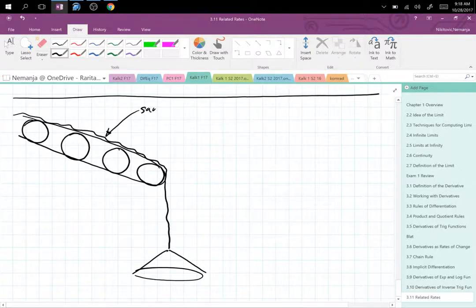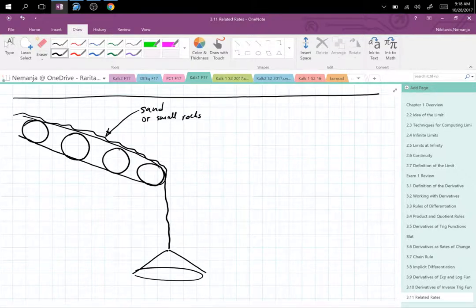So sand or small rocks, something, right? And it's not hard to picture this.